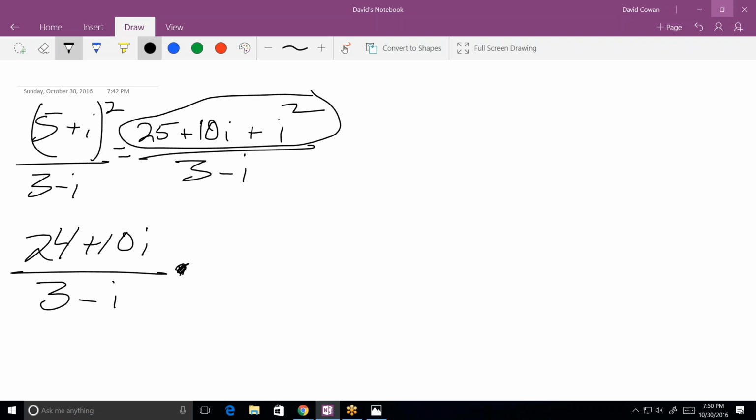Divide by 3? Remember, these are never division problems. Oh, right. Multiply by the negative conjugate, or 3 plus i.